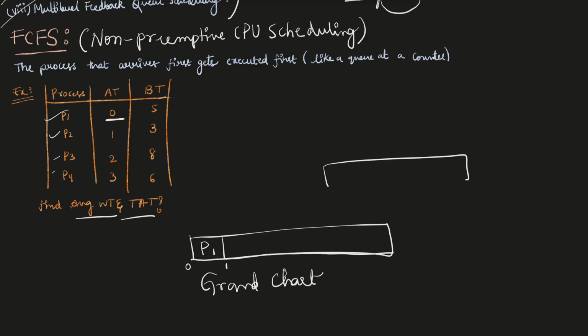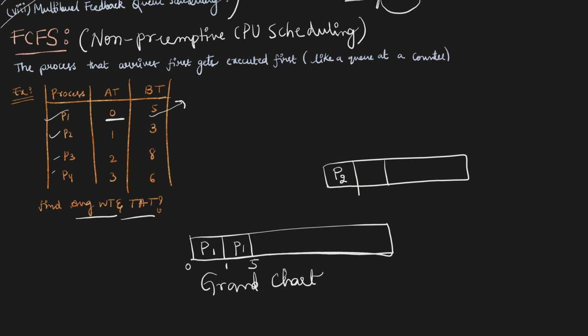Here in this state, a ready queue would be waiting, so you will be storing process P2. Since you will not give it up, how much time will you run it? 5 units. So P1 would run up to 5 units.